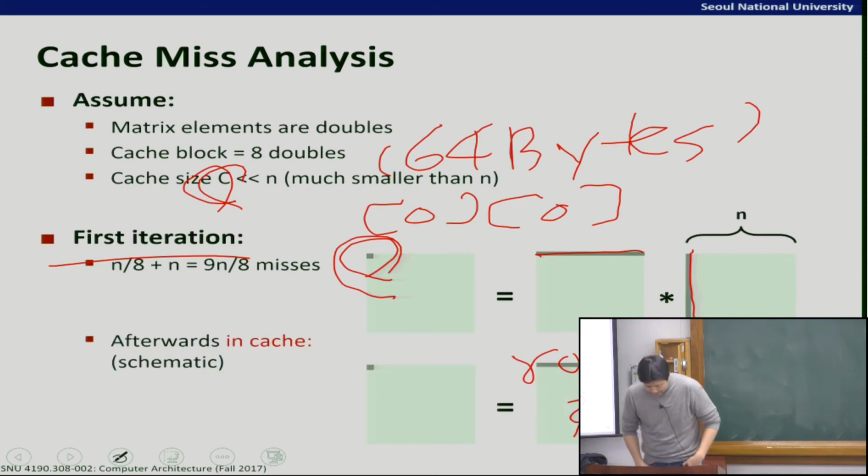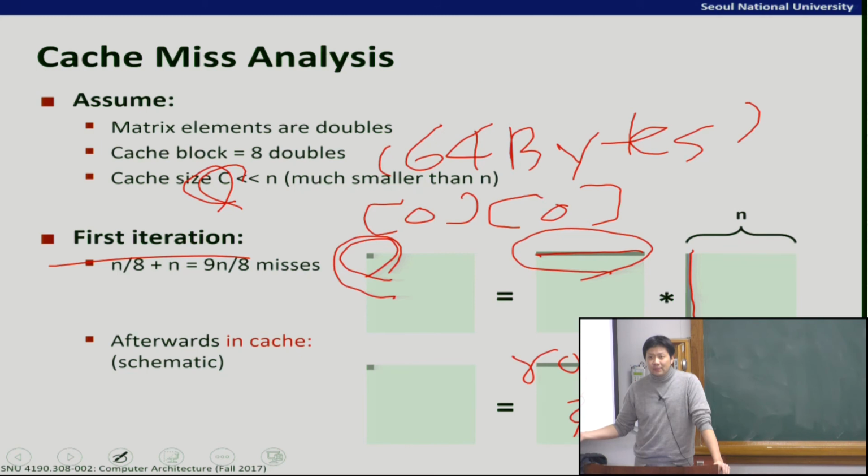before doing that, what is the cache miss? What is the caching behavior here? In the first iteration, how many cache misses will there be? If you remember, this one generates a cache miss every 8 accesses, because now the cache block size is 8. This is a very nice pattern.